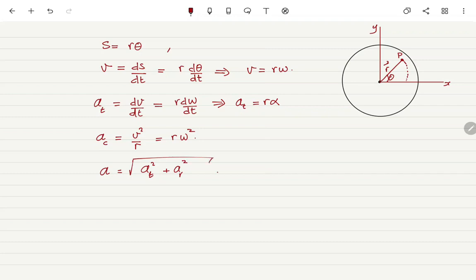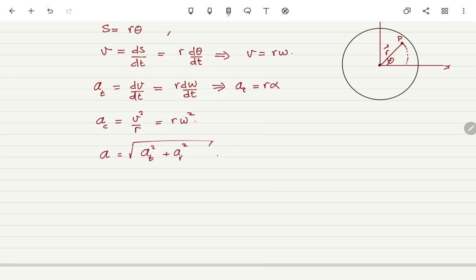Notice that it's pretty much the same procedure we have done before. Just a quick reminder: instead of using s in translational quantities, we use theta, rather than v, we use omega, and instead of a, we use alpha.